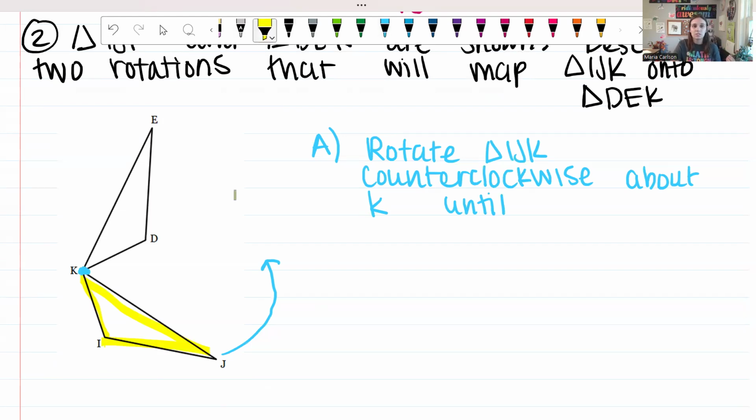So until the slope, for example, of IJ is the same as the slope of DE, because that means then that these are in the exact same position. So we'll rotate IJK counterclockwise about K until corresponding segments have the same slope.